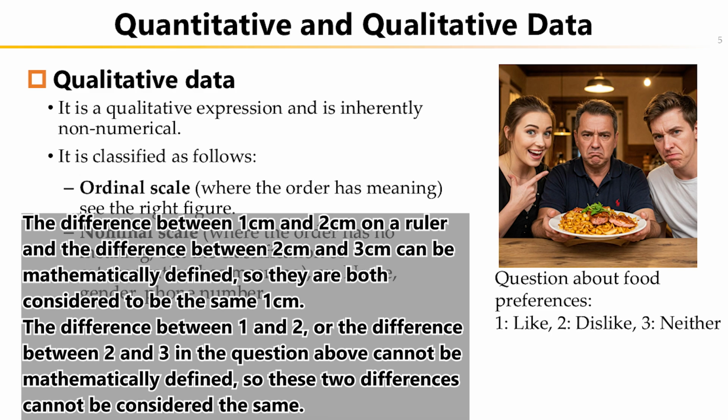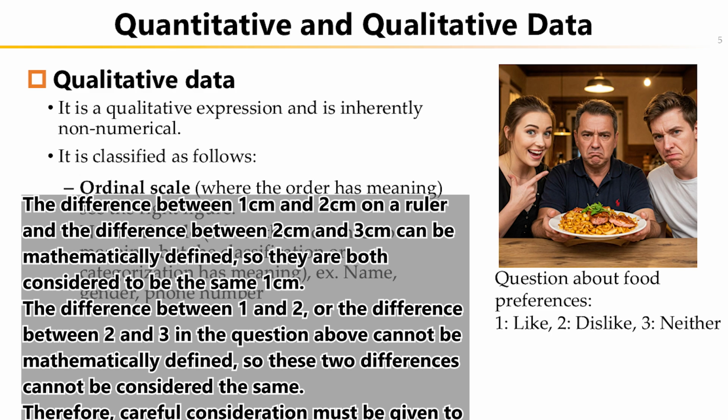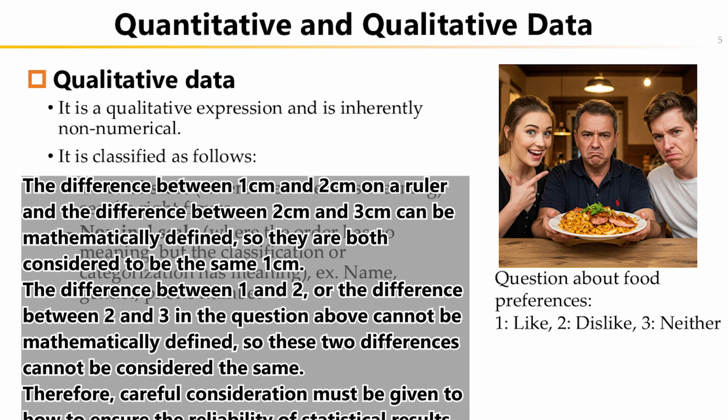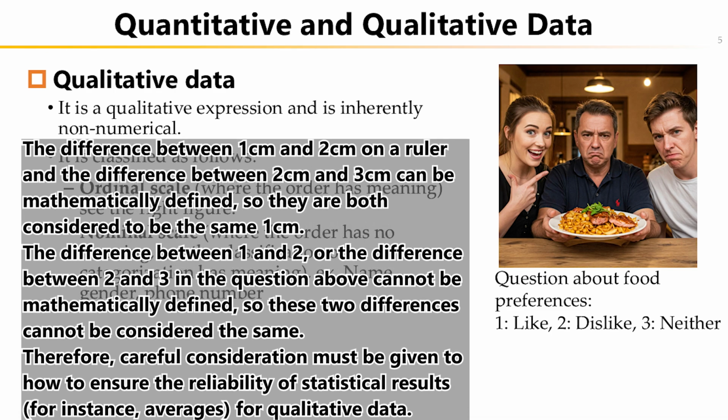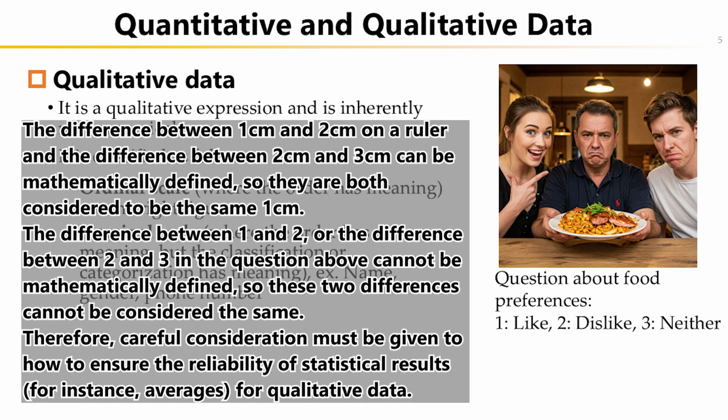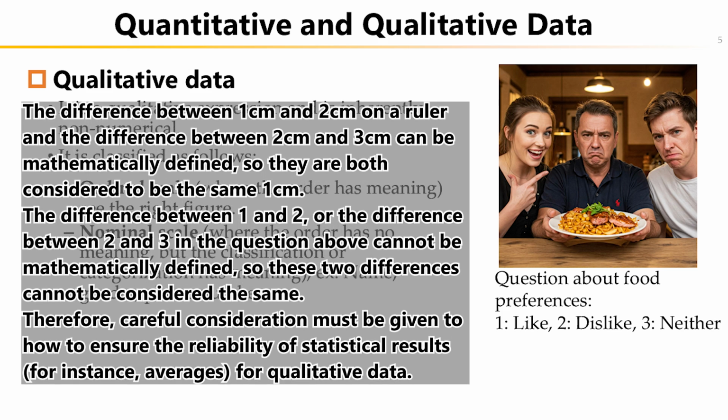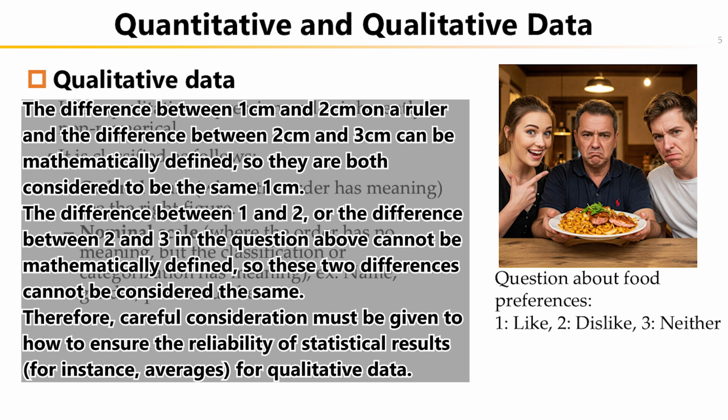The difference between 1 and 2, or the difference between 2 and 3 in the question above cannot be mathematically defined, so these two differences cannot be considered the same. Therefore, careful consideration must be given to how to ensure the reliability of statistical results, for instance, averages, for qualitative data.